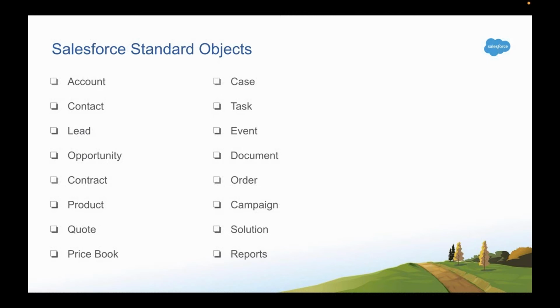Another thing is case. Let's say you started your manufacturing business and it's going well. Now you want to support your customers, so maybe after 1 or 2 months they will come back to you, saying, hey, I have this problem, please sort this out, right? Then you have to support your customer. For that, we don't need to create another separate object.